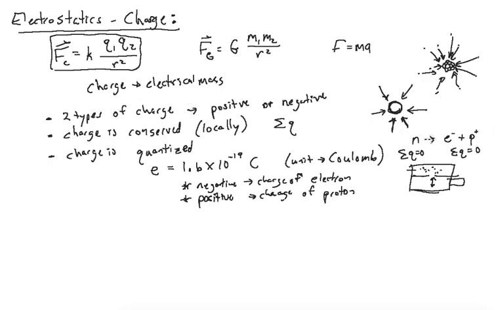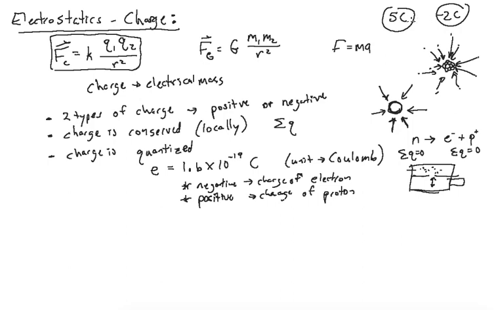If you have 5 coulombs of charge before, you have to have 5 coulombs of charge after. Whatever the total is, you add up all your charges in your system before, and at the end of the day, the total has to be the same. The individual charges don't have to be, but the total net charge has to be the same. So if I had 5 coulombs of charge on this object and negative 2 coulombs on this object, I have a total of 3 coulombs of charge.